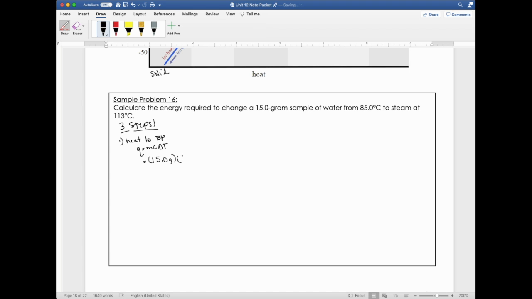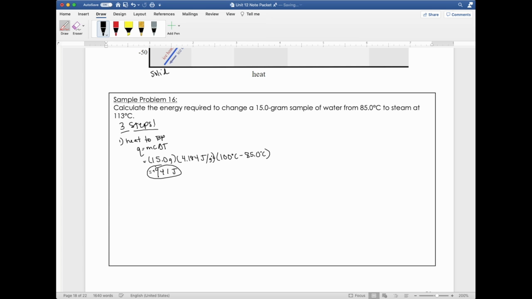Specific heat capacity for liquid water is 4.184 joules per gram degrees Celsius. My final temperature is 100 degrees because that's the temperature that water boils at, and my initial is 85. So I'm raising the temperature 15 degrees. When I solve for that, I get 941 joules, positive because I have to apply that much.